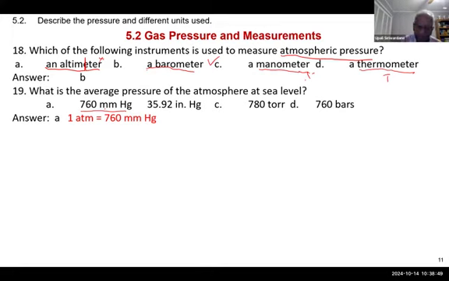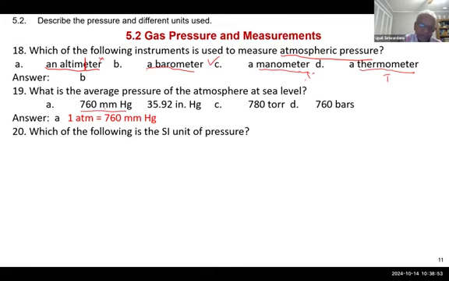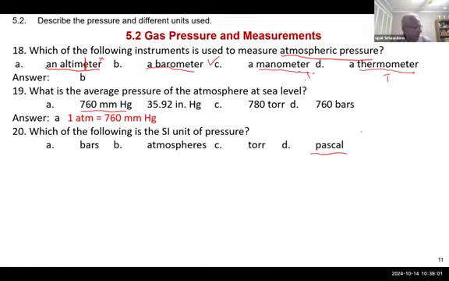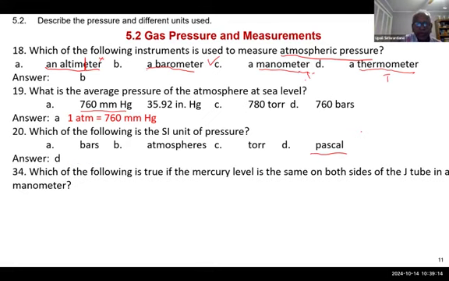Answer is A. Which of the following is the SI unit of pressure? SI unit is Pascal. It's about 100,000. 1 atmosphere is equal to about 100,000 Pascal. D is the correct answer.